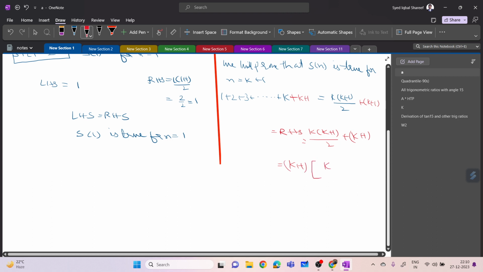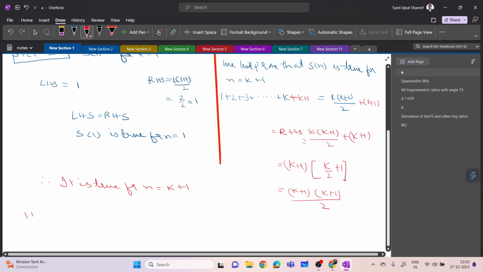So this is k by 2 plus 1. So this is k plus 1, k plus 2 by 2. Therefore it is true for n equal to k plus 1.